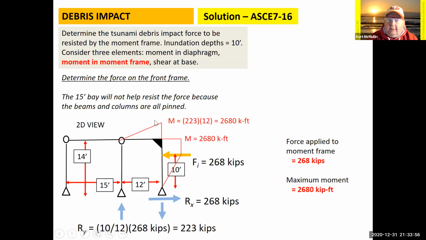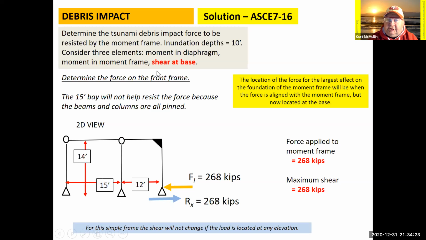And I can now draw a moment diagram that gives me the largest moment that this column and beam have to resist based upon the impact load. It's important to keep in mind that this is in addition to the hydrodynamic and the hydrostatic forces that are being applied.